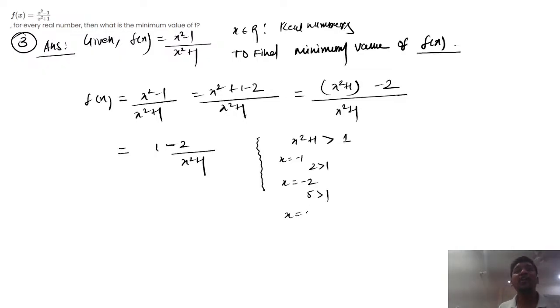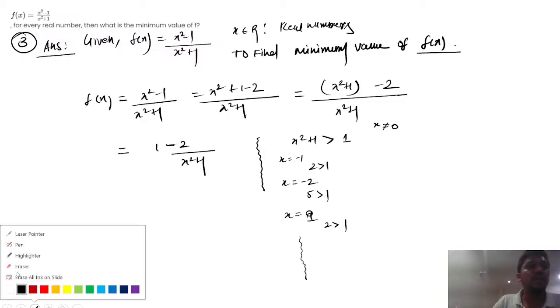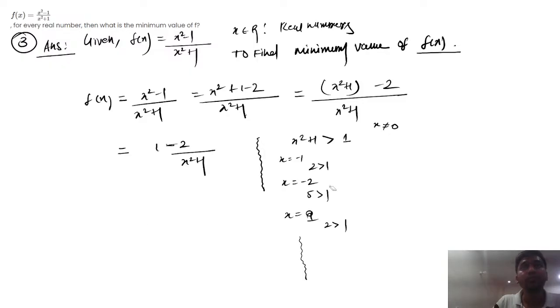For x not equal to 0, again 2, greater than 1, and so on. Let me erase. It was just a rough part that I wanted to show you.